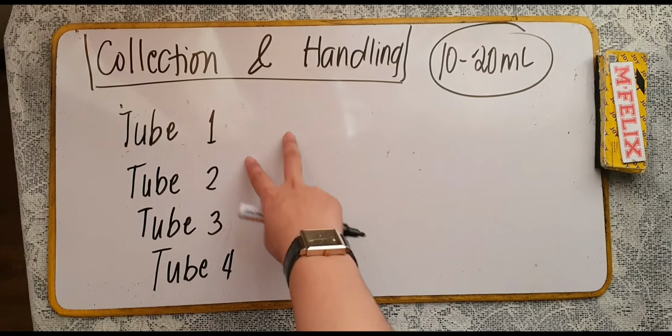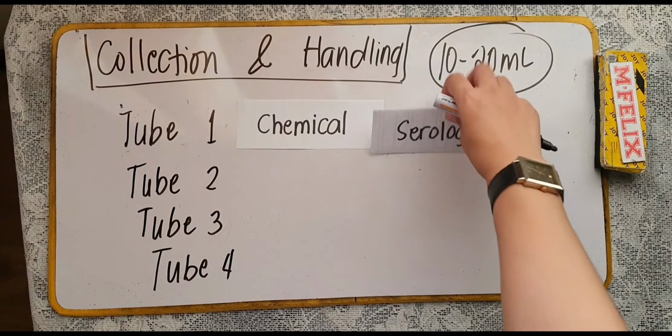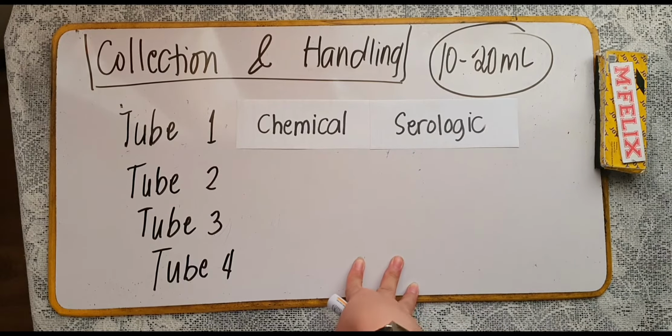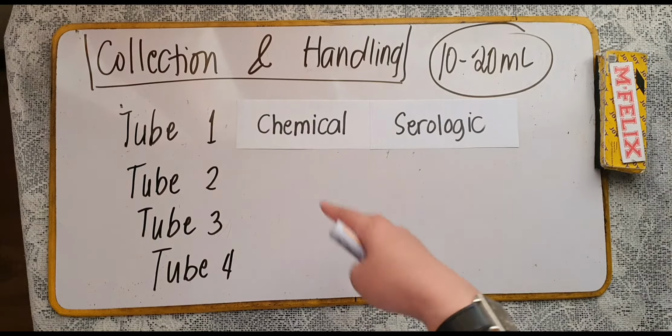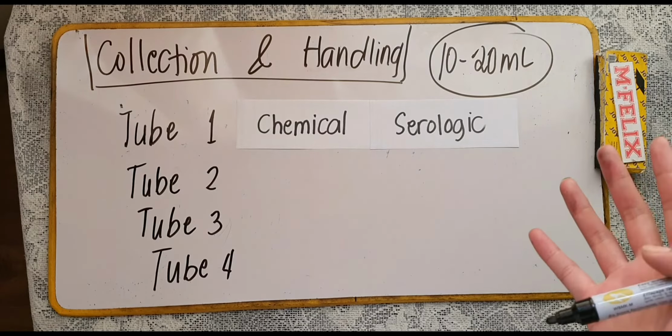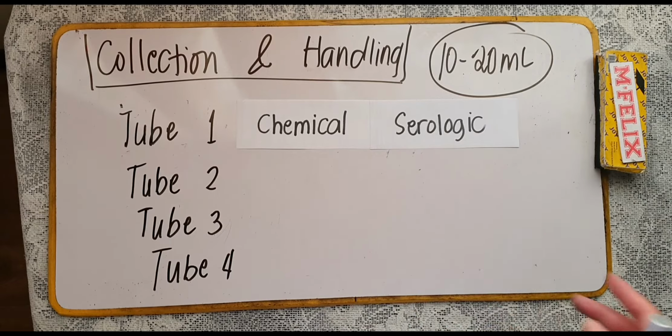Now, tube 1 class, it is used for chemical and serologic testing. Because these tests class, they are least affected by blood or bacteria introduced as a result of the tap procedure. Okay, so hindi sila masyadong affected by blood or bacteria being introduced as a result of the tap procedure.